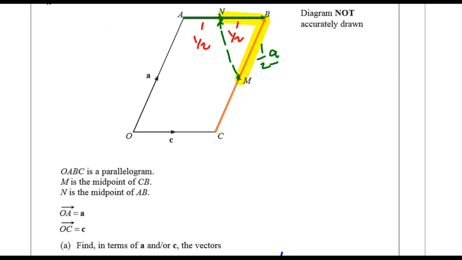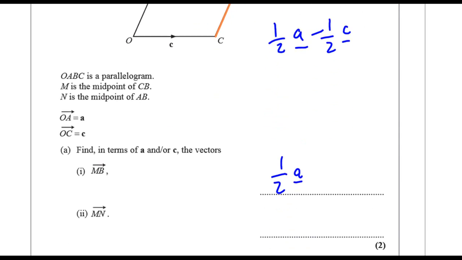So not only is it minus C, it's minus a half C, because you're only going halfway across. So if you want to go that way, that's minus a half C. So your answer is a half A minus a half C. You'll notice you can factorise quite a lot of those. You could factorise your half in this case if you really wanted to.